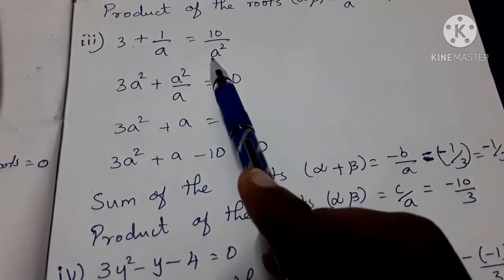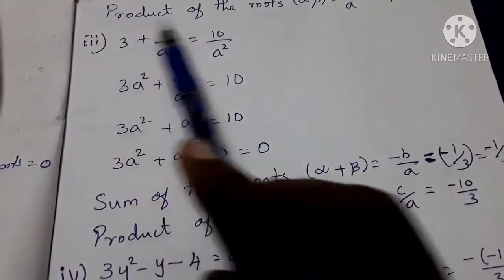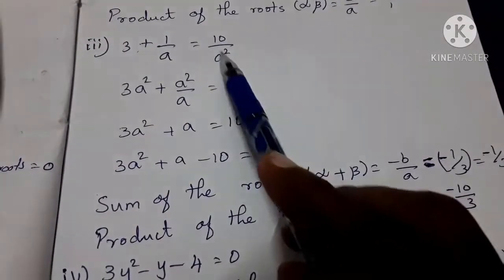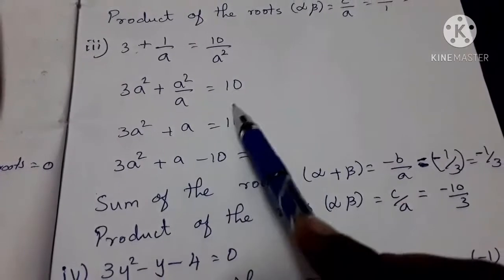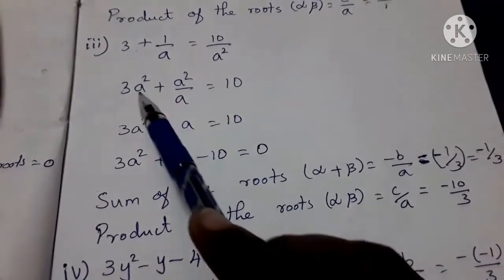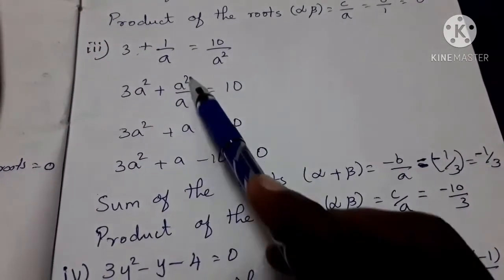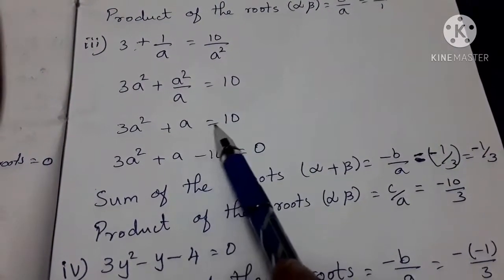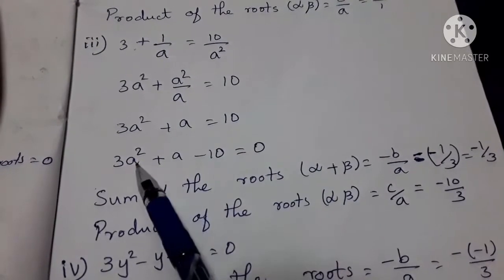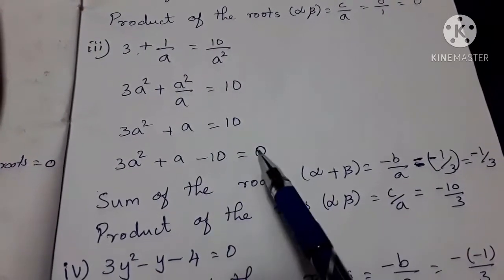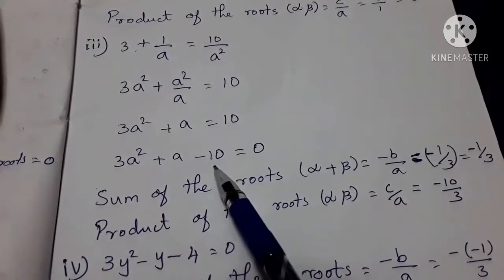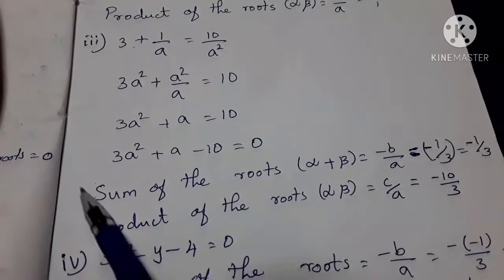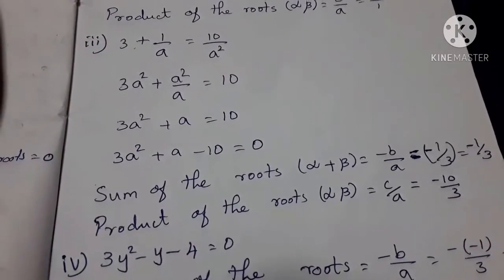I multiply the denominator on this side: 3 into a squared, 3a squared plus a squared by a is equal to 10. 3a squared by a, we can cancel one a, remaining 1a, is equal to 10. Next, 3a squared plus a minus 10 is equal to 0, since 10 comes inside and becomes minus 10. Now it is in the form of a quadratic equation in the variable a.